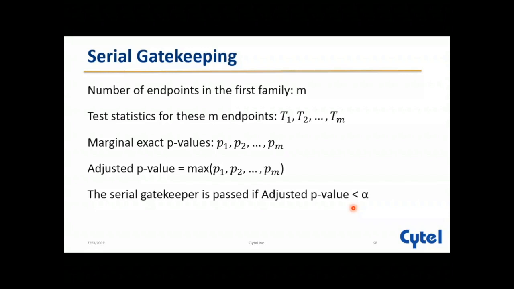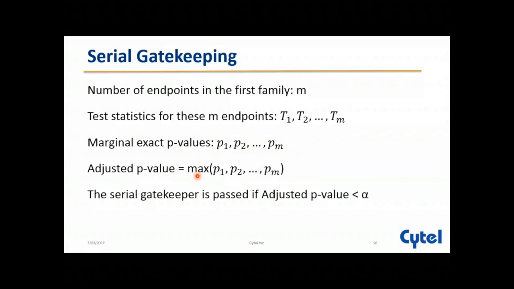In serial gatekeeping, we are saying that each endpoint should be proved to be significant, only then we'll go to the next endpoint. And once all the endpoints of one family are considered, then we'll go to the next family. That means if any one of these p-values is not significant, that is greater than alpha, then we cannot go ahead. So we are not worried about each individual p-value. We are saying the max possible p-value also should be significant.